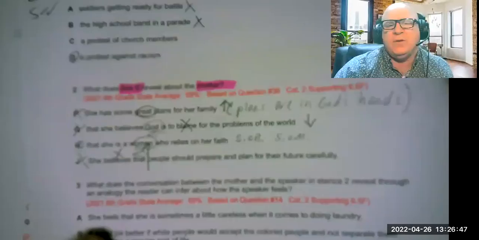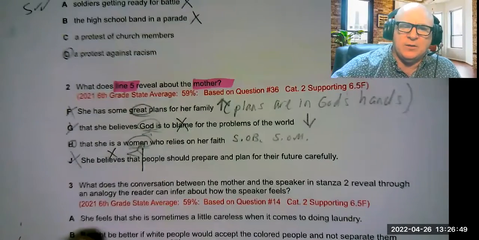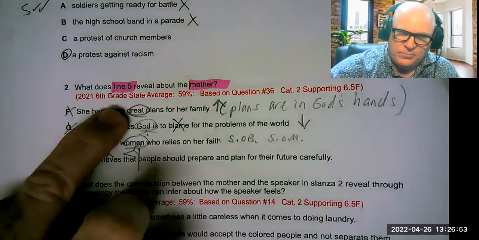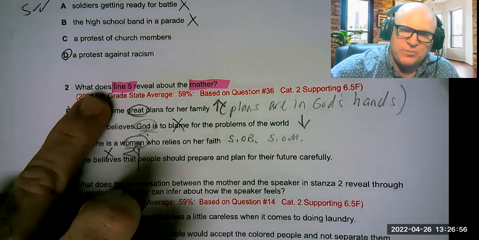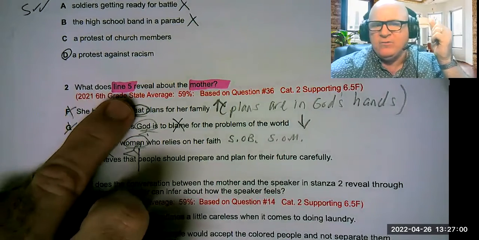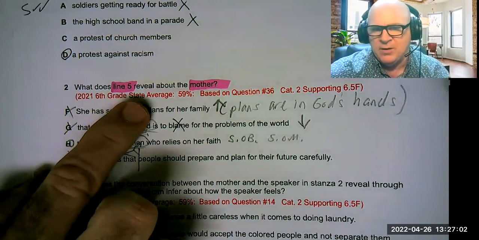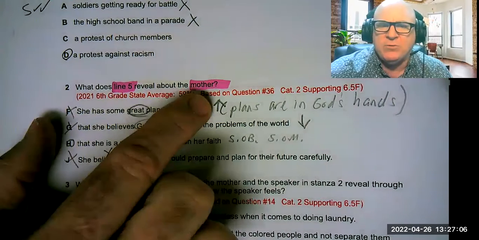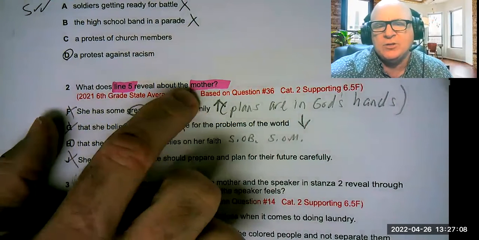So let me take a moment to quickly address how you can cover, for those of you that are struggling, you can practice capitalization and punctuation by doing this. Capital, what does line 5 reveal about the mother, question mark? Since it's talking about the mother, we don't use capitalization.